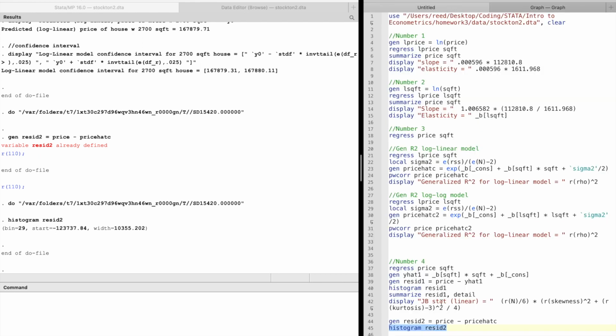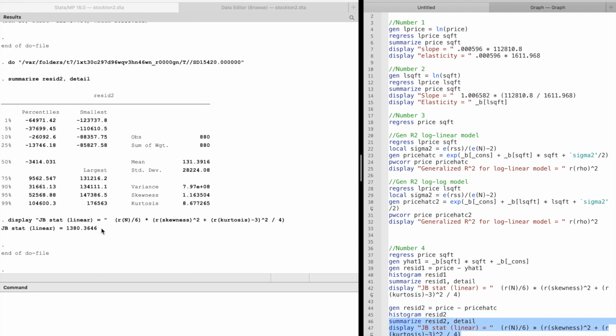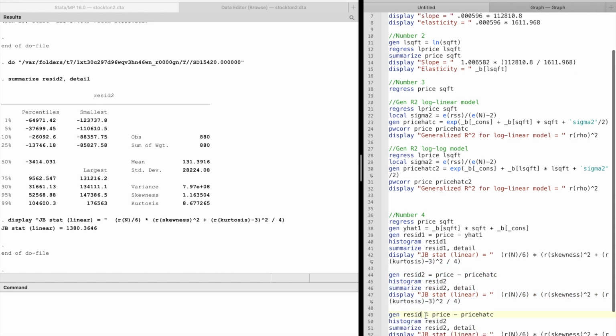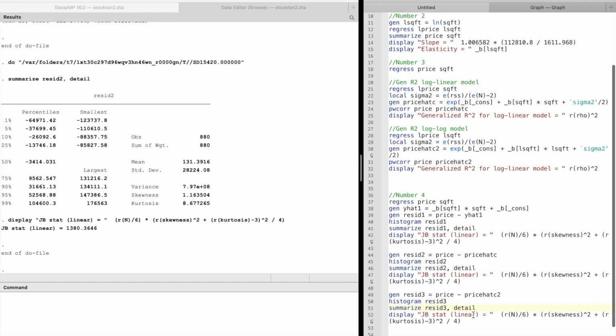We get, it looks a little bit more normally distributed, and then we can find our Jarque-Bera statistic without changing anything except the residuals that we're summarizing, and we get a slightly lower number, or pretty significantly lower. So it seems that our log linear model is better than our linear model in terms of the normality assumption of the residuals. And then we'll just change this to replicate the process for our log-log model.